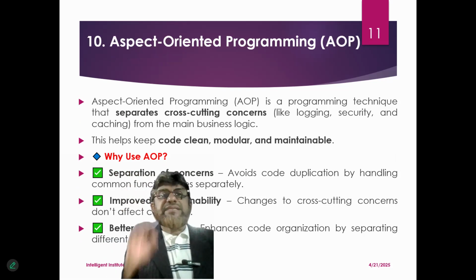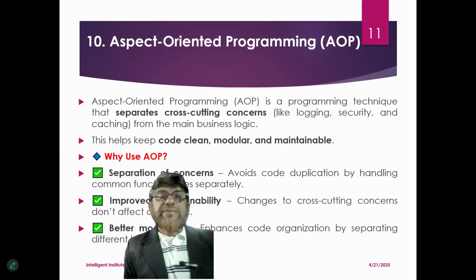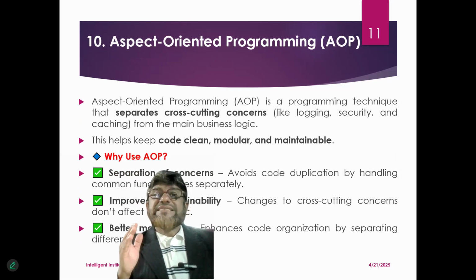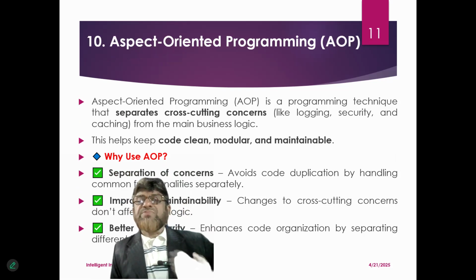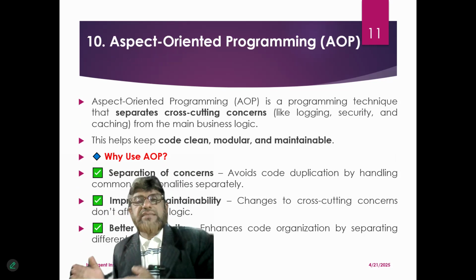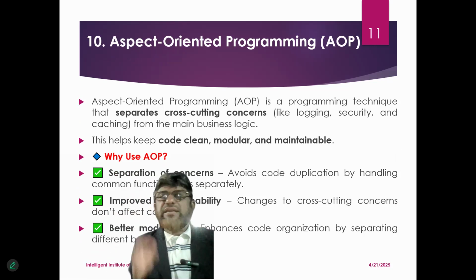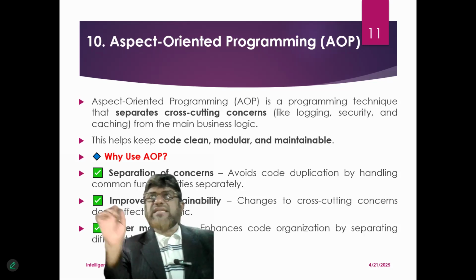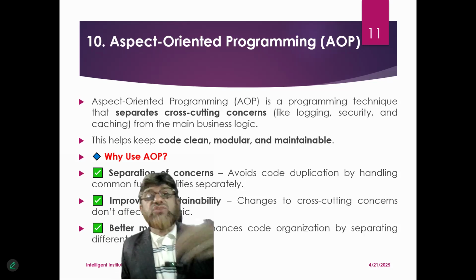The next technique we have is called aspect oriented programming. This programming technique separates cross cutting concerns. For example, when we have to make a login page in a website like banking or some other website, it needs to be more secure, and whatever username and password we give, there will be validation of the data.